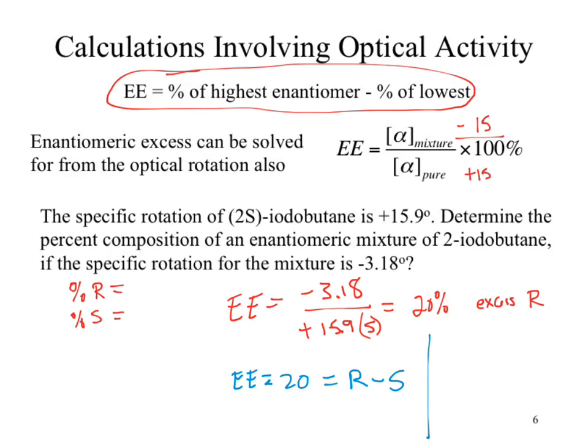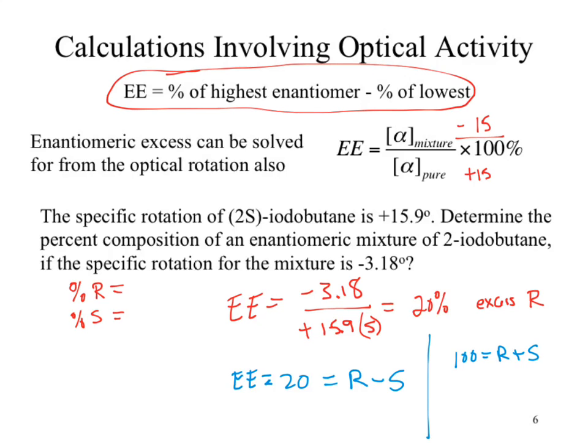Our total percentage has to be 100%. So 100% must equal R plus S. Then you just do the system of equations. Now we can set up our solving for R, plug that in, and we can determine what our answer would be.